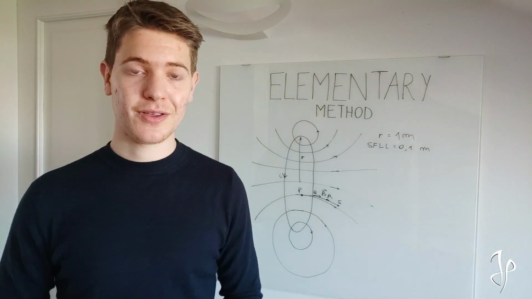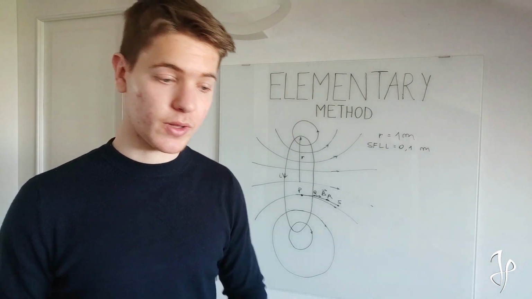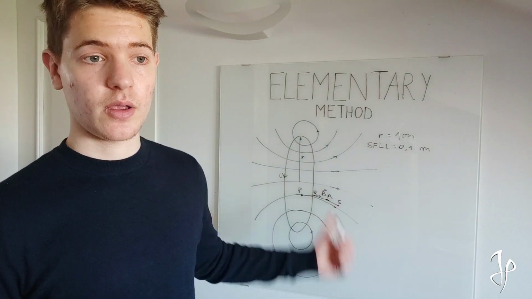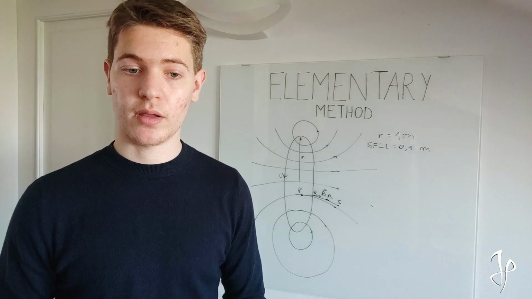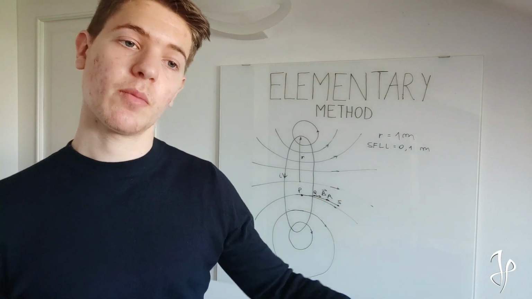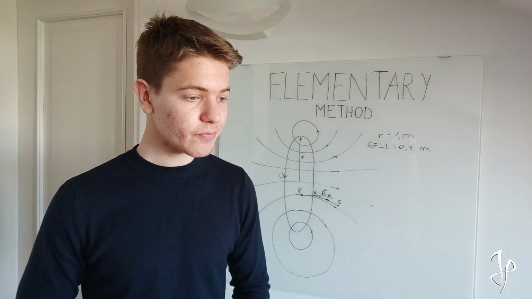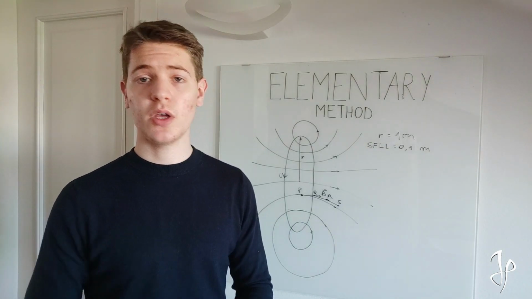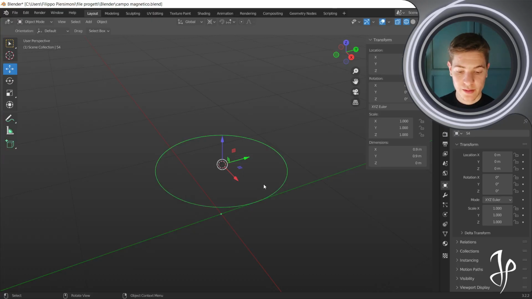But before looking at a method that reduces this error in an extremely positive way, I just want to show you the method in Blender. And here we are with our perfect circular loop.